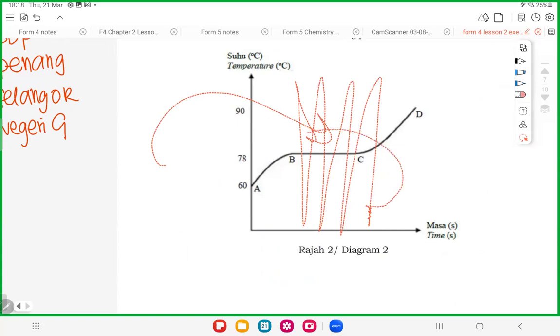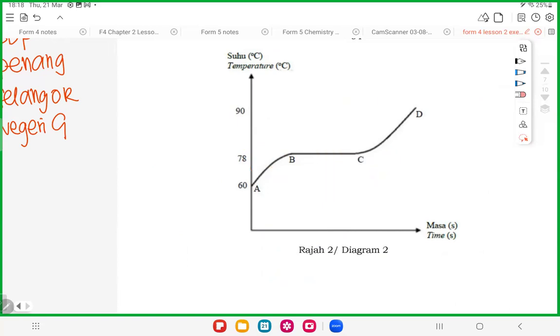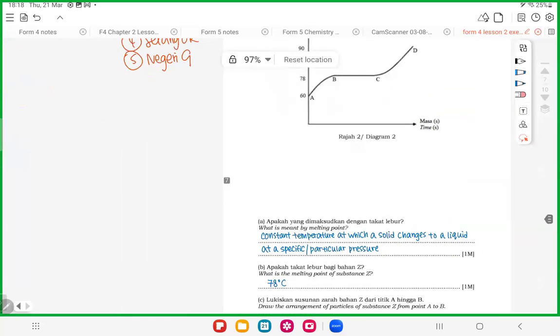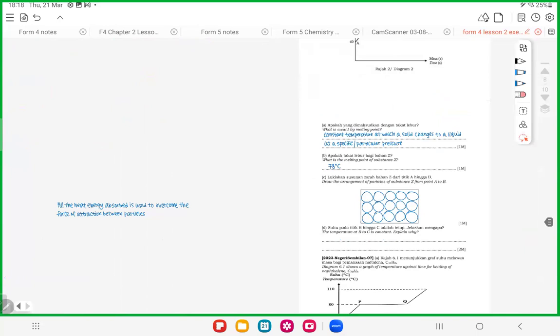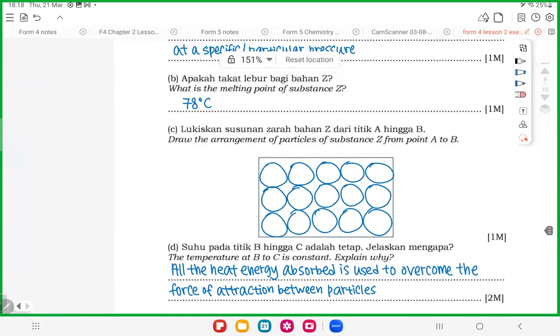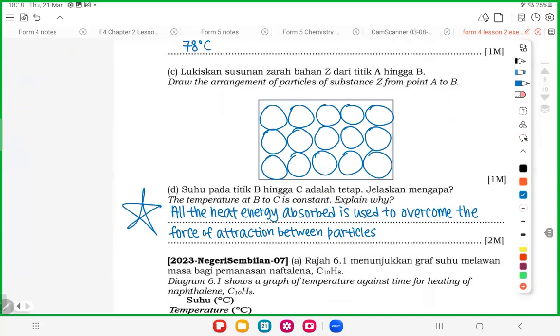When you use all the heat to break the particles, no heat can go into increasing the particle energy. So the kinetic energy doesn't change. When the kinetic energy doesn't change, the temperature won't change. So you can write like this. And guys, to be honest, do you agree with me that they always ask this question, yes or no?